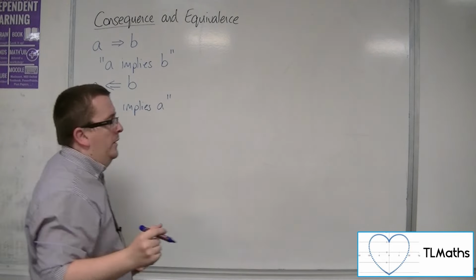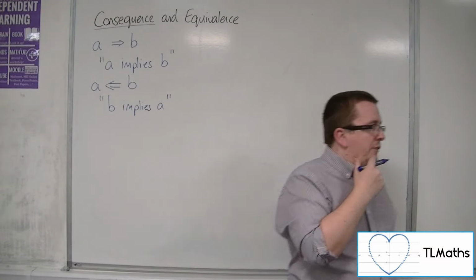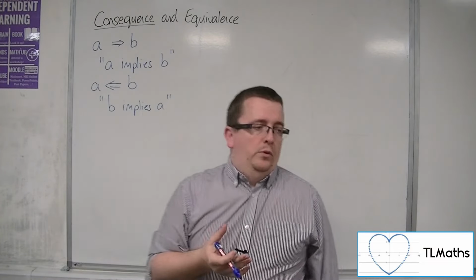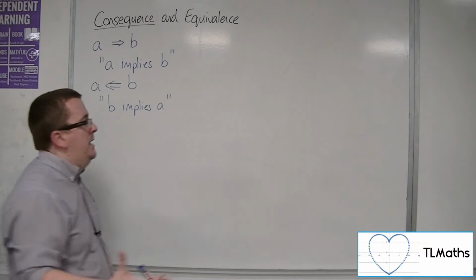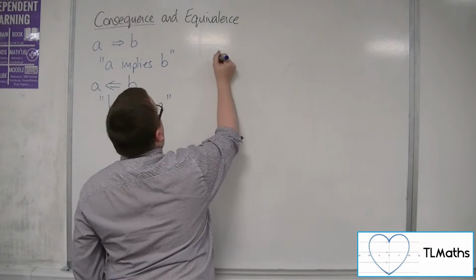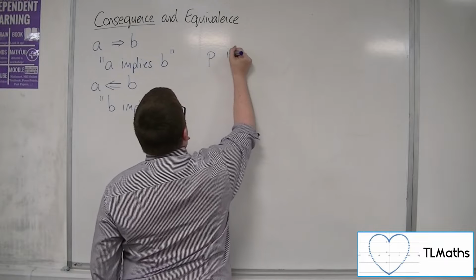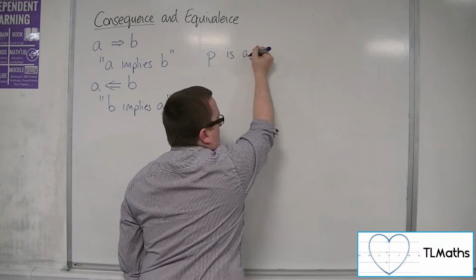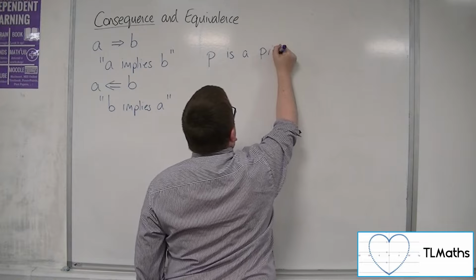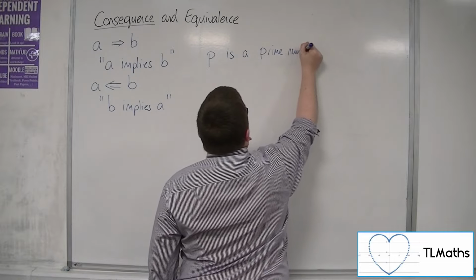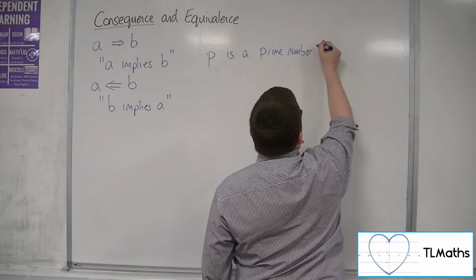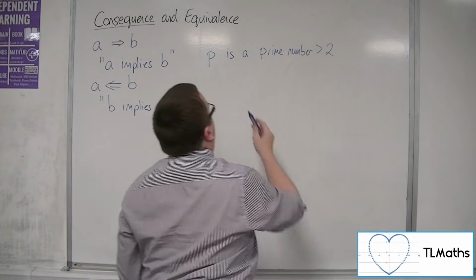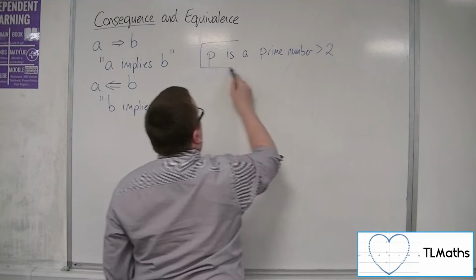Okay? So let's say we've got an example where we've got two statements, A and B. Statement A says that P is a prime number greater than 2. Okay, this is my first statement.